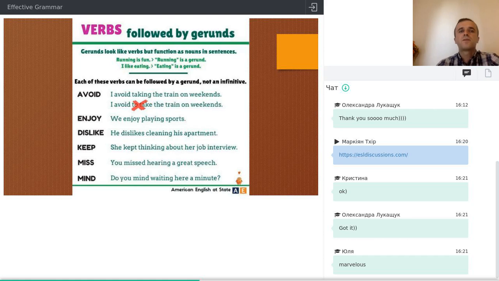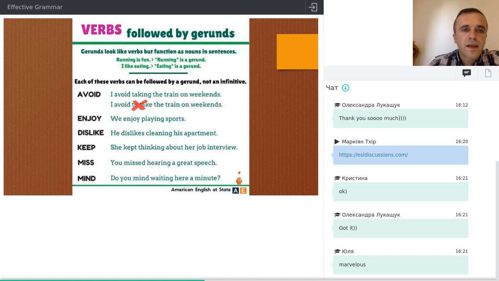So, some verbs are followed by gerunds. Don't forget that verbs can be followed both by gerunds and by infinitives. This is a very important topic. We don't have to teach just tenses, but also focus our attention on these nitty-gritty details, as students make a lot of mistakes in this aspect of grammar.